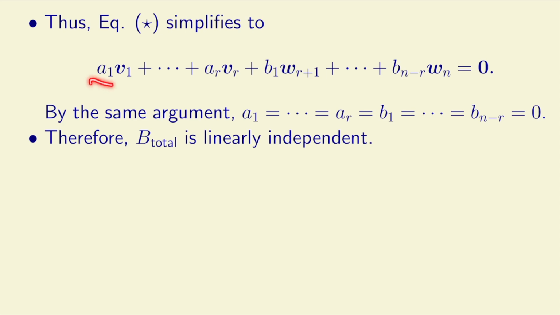That means all these coefficients a1 up to ar and b1 up to bn minus r are all 0. Therefore, this set, B total, containing all these vectors, is a linearly independent set of vectors.